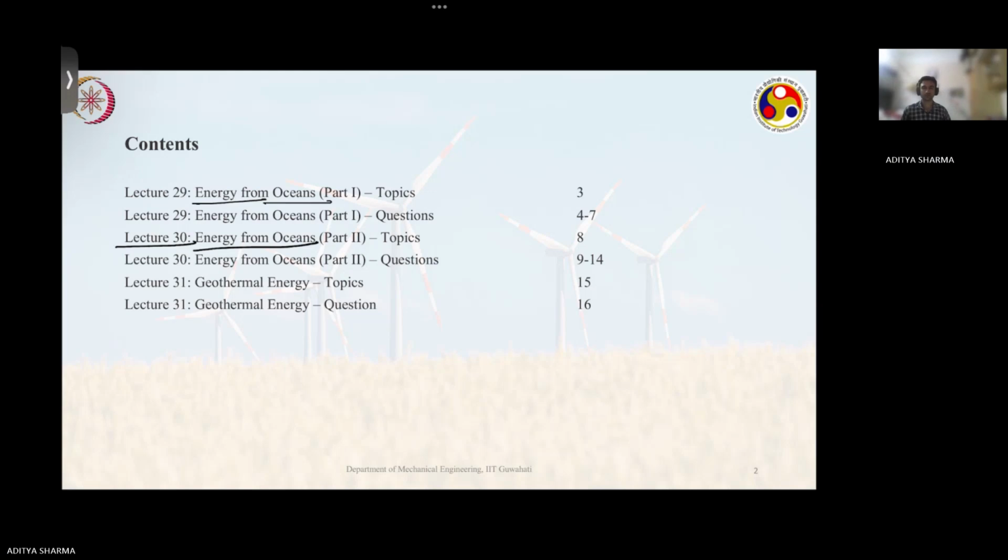Then the next lecture is on geothermal energy. So all these, first of all, are renewable sources of energy, which means they can be renewed.